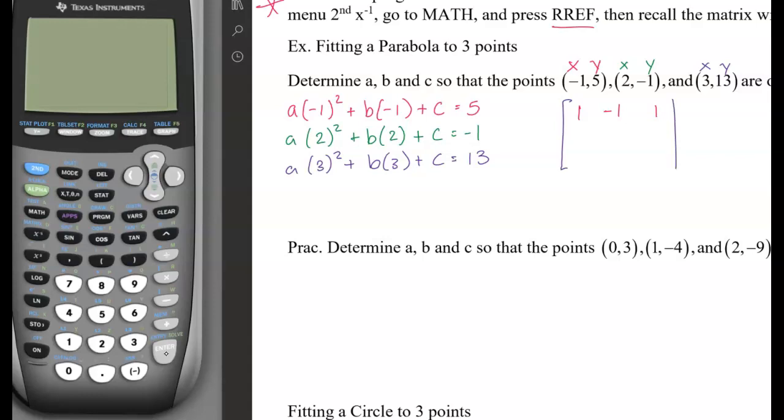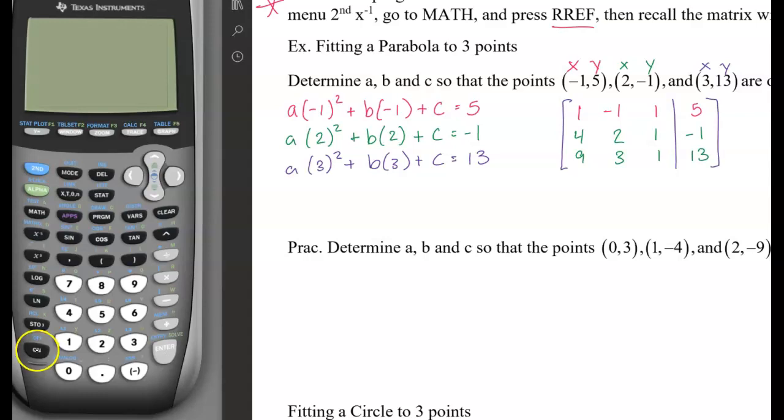Set equal to, again, that line isn't necessarily needed. It's just to help our mind focus, is the best way I can describe it, to 5. Then we have 4, 2, and 1 set equal to -1. We have 9, 3, 1 set equal to 13.